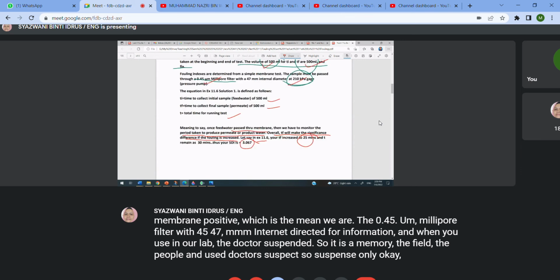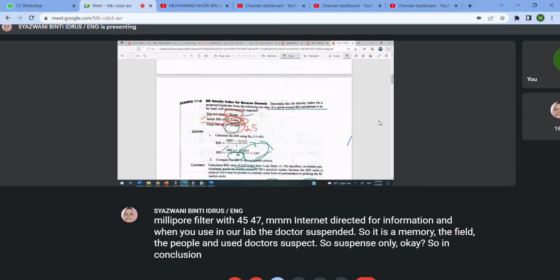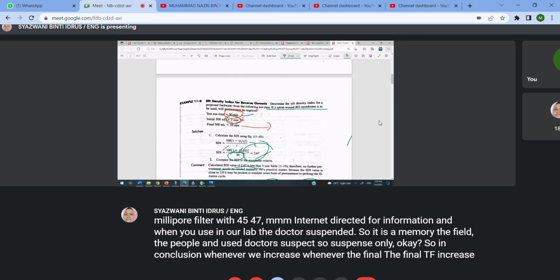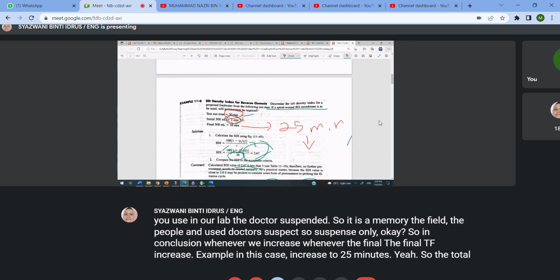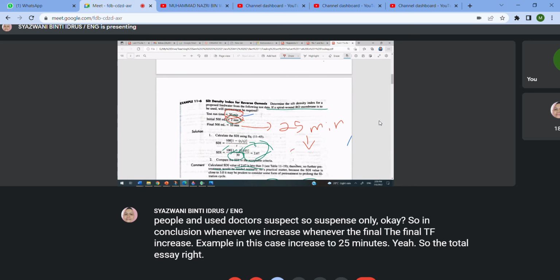Okay, so in conclusion, whenever the final TF increases, for example, in this case increases to 25 minutes, the SDI will increase from 2.67 to 3.067.